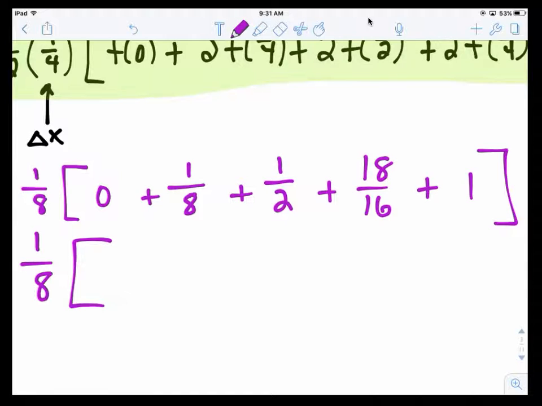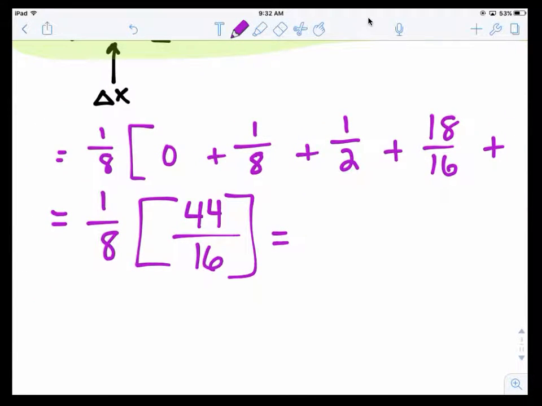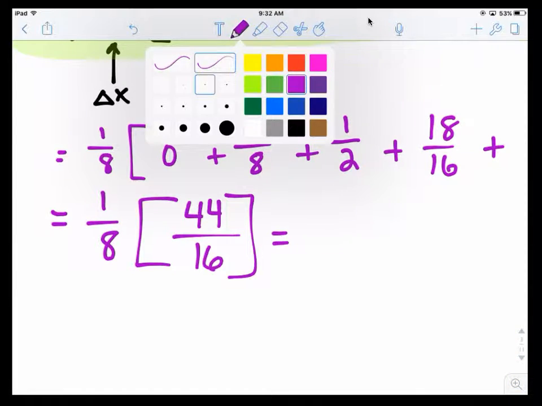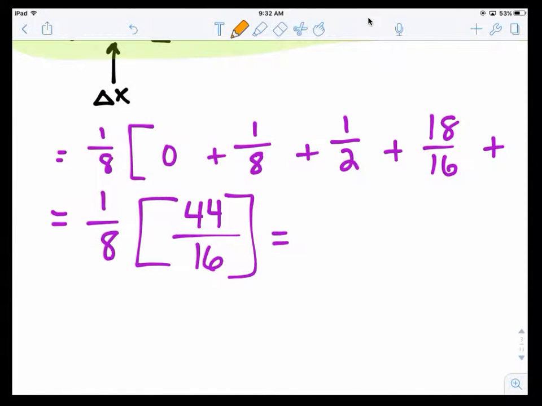So then 28 plus 16 is 44. Okay, so that would be 2, that would be 11. 11/32.